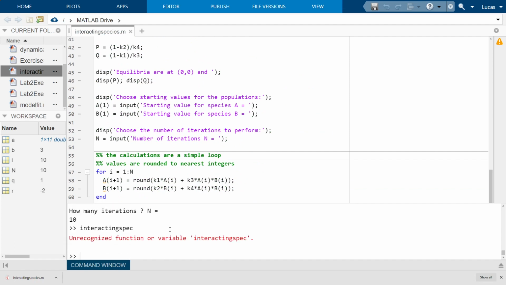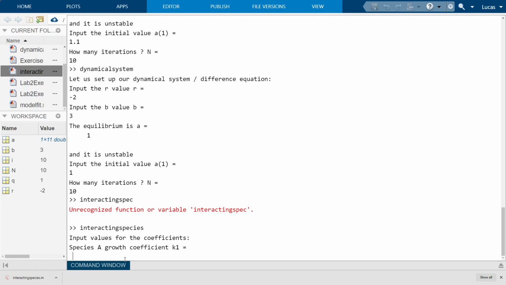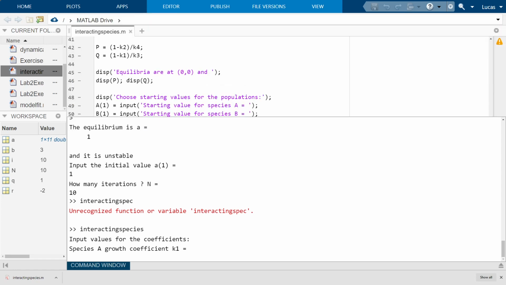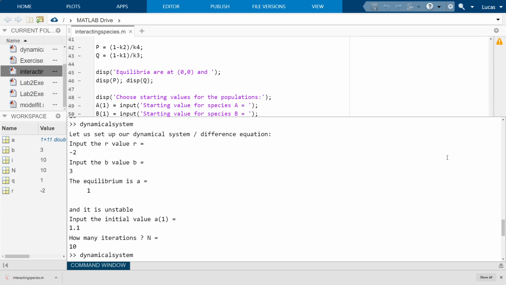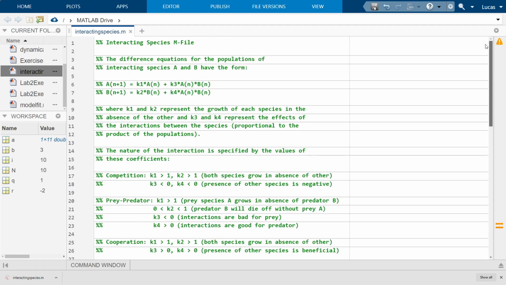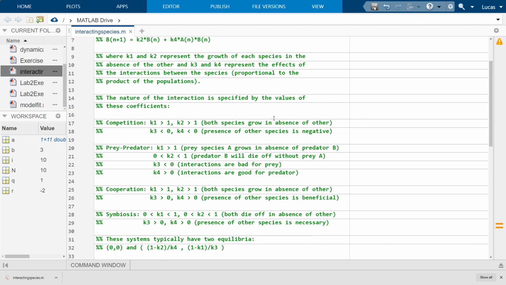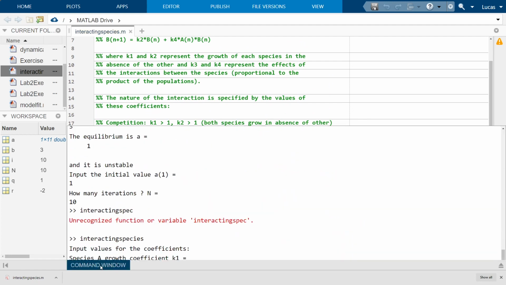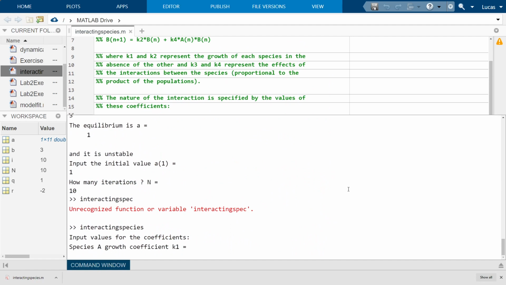Type in interacting species. So we want input values for the coefficients. We want to do a little bit of experimenting here. Specifically, you'll want to try out each one of these different kinds of interactions. So for competition, we want K1 and K2 to be greater than 1.